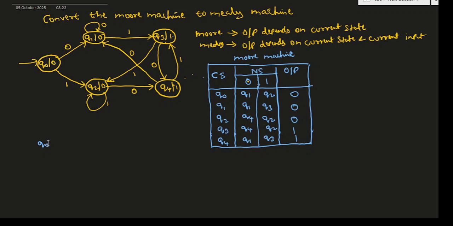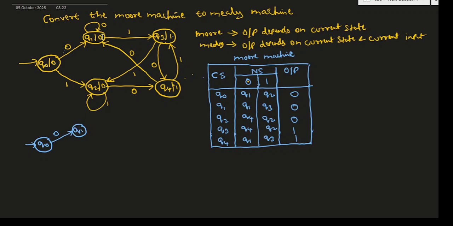Start from Q0. When you closely introspect this, in Q0, when 0 is applied, it goes to Q1. But what is the output for Q1?